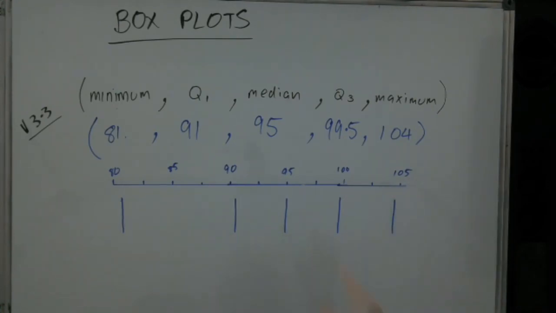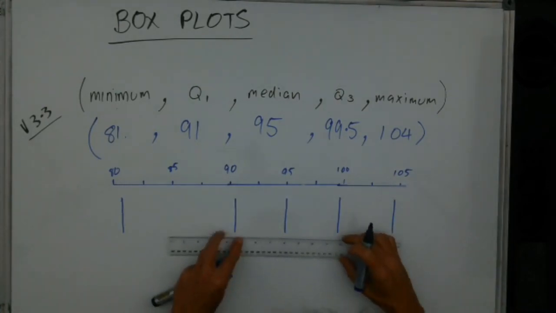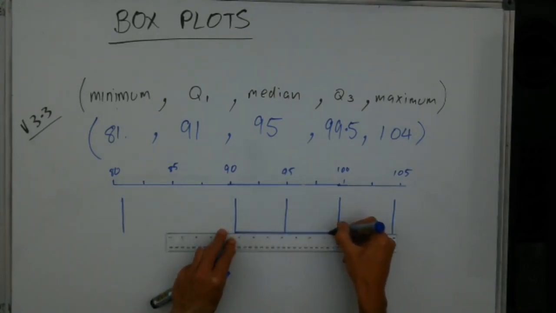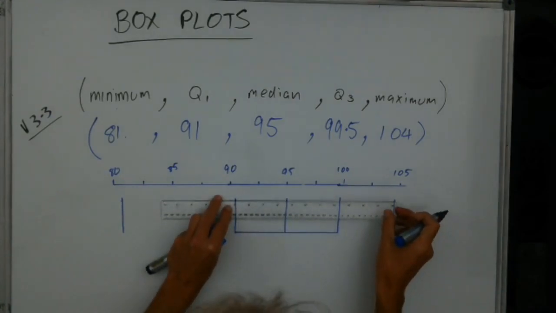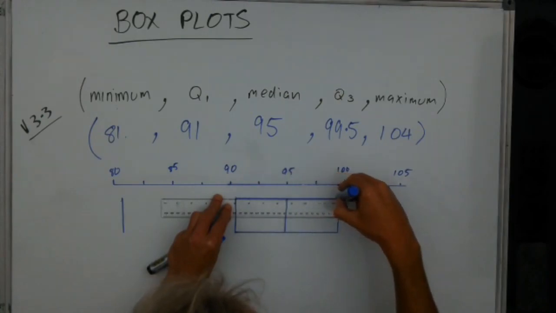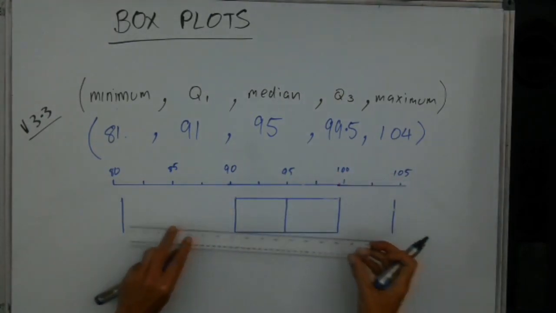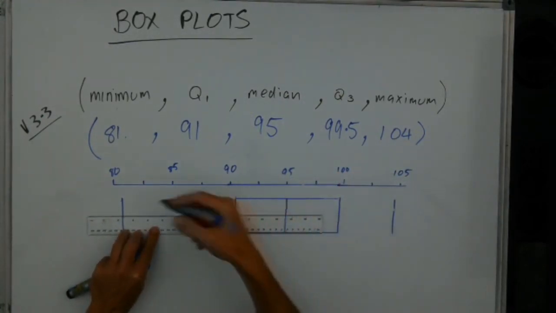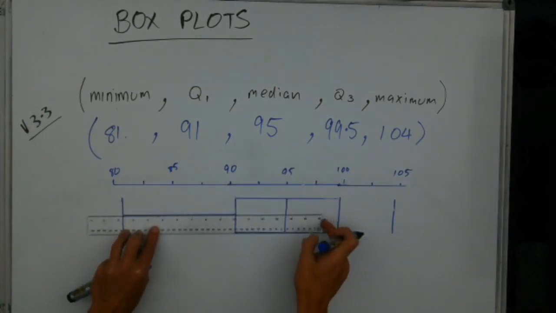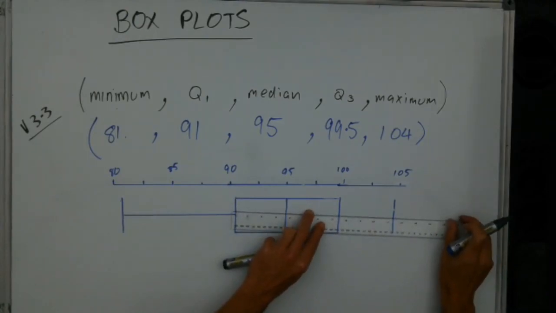Okay, so all I've got is 5 lines. What I'm going to do is these middle ones we'll make the box out of. Use a ruler to make them nice. And then these 2 ends we will put in whiskers at the end.